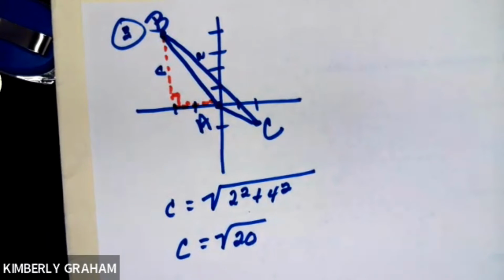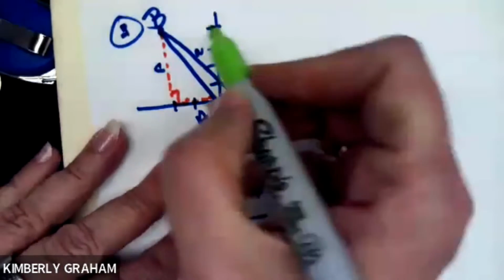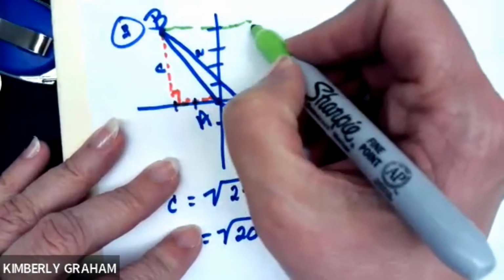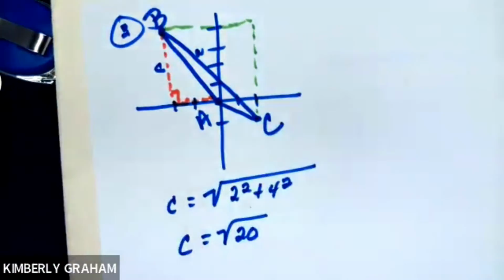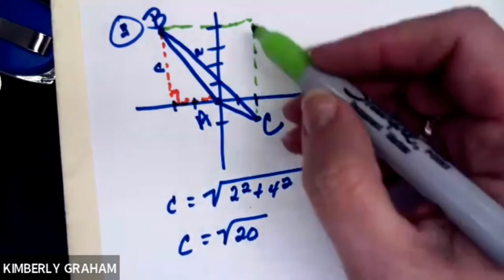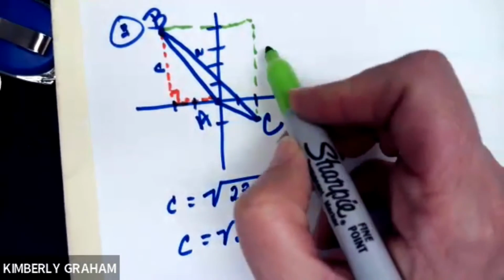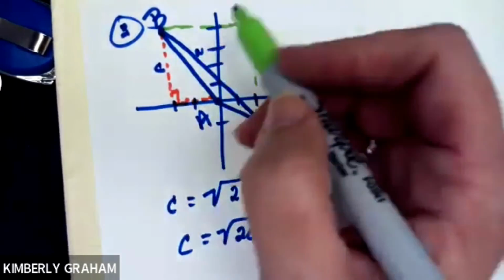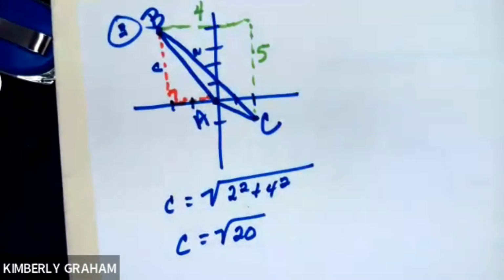Let's see if I can draw in my right triangle here for side A. So the height of this triangle is 5, and this horizontal length up here would be 4.